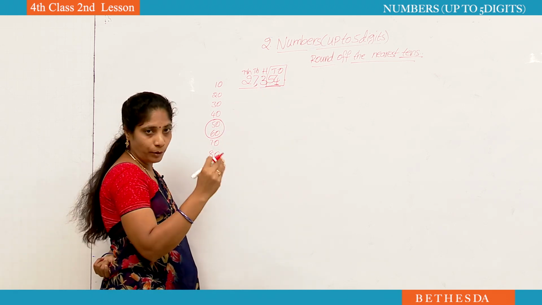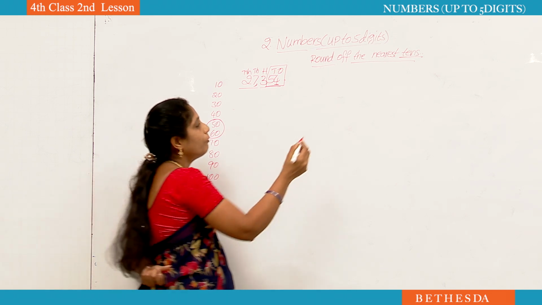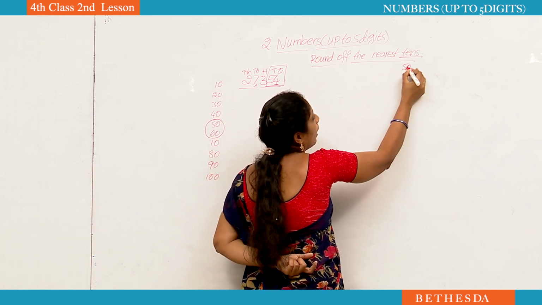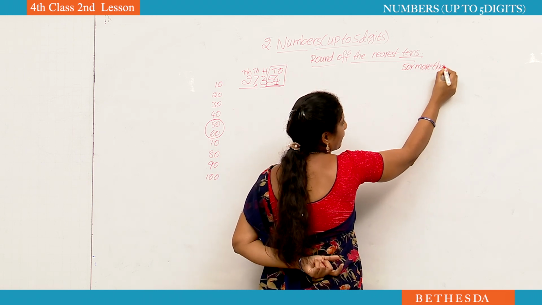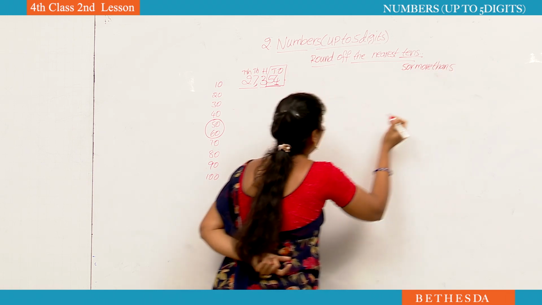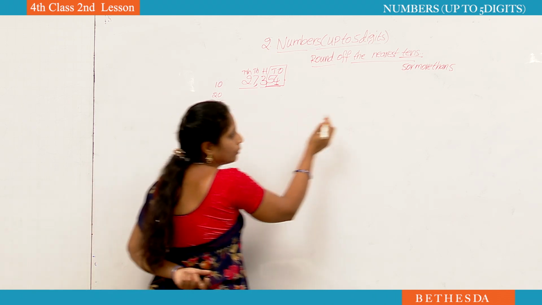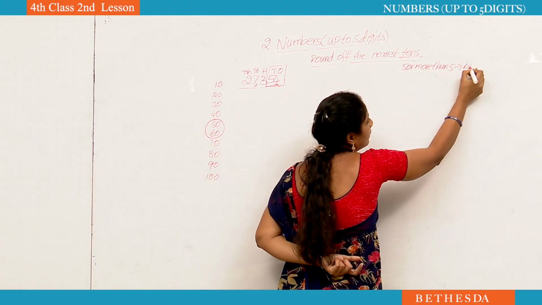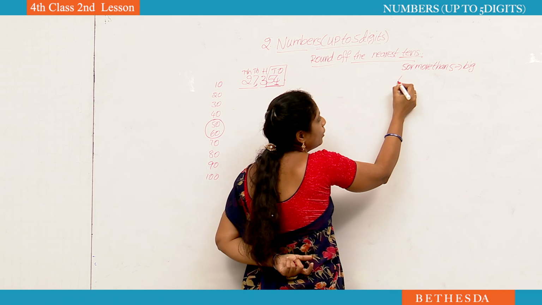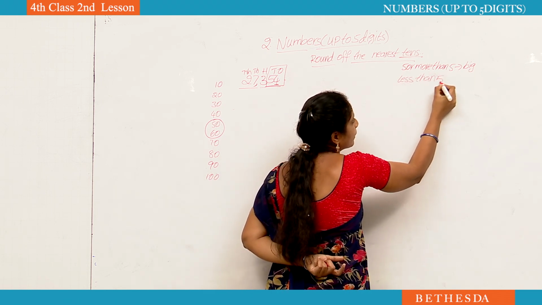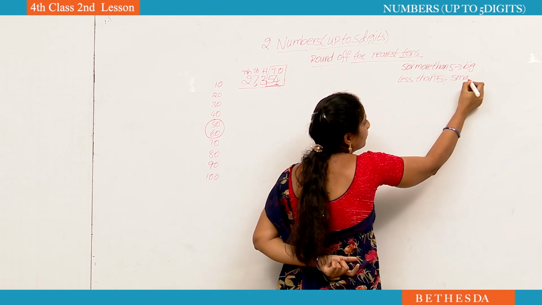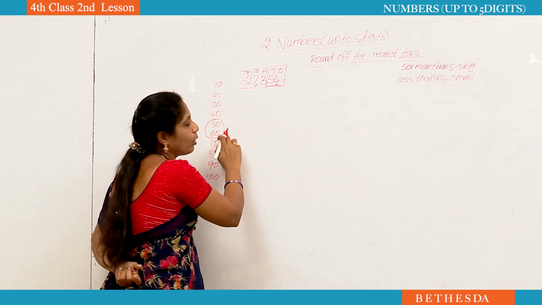If you find 5 or more than 5, you can take the bigger number from these numbers. If you find less than 5, you have to take the smaller number.